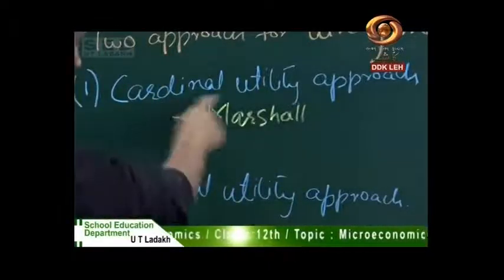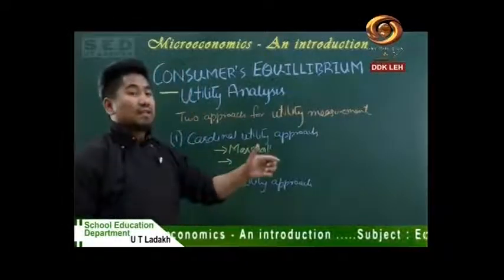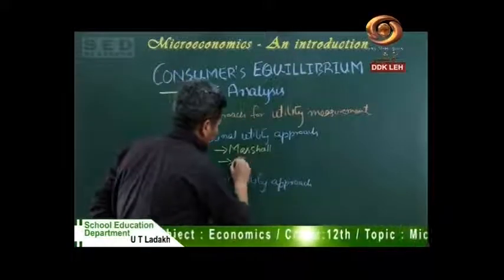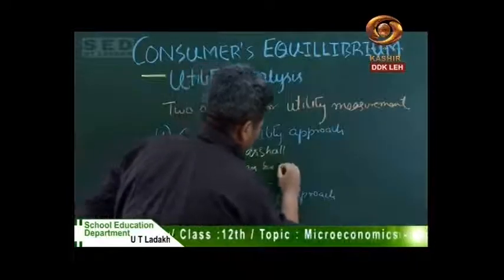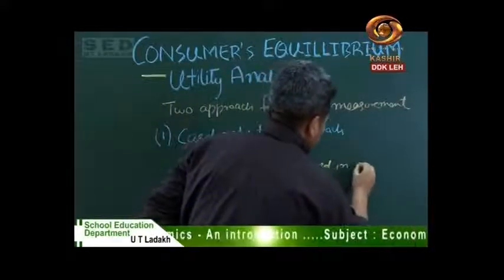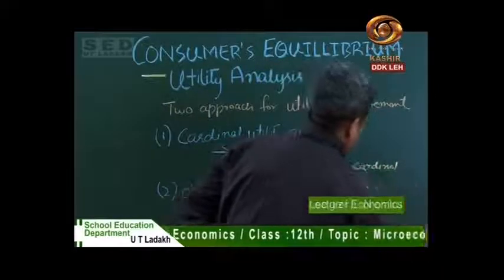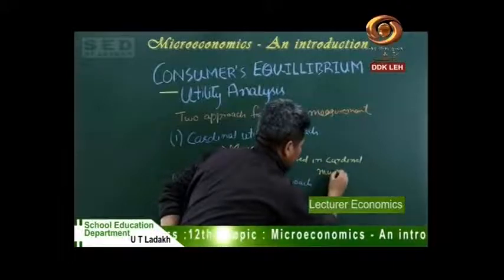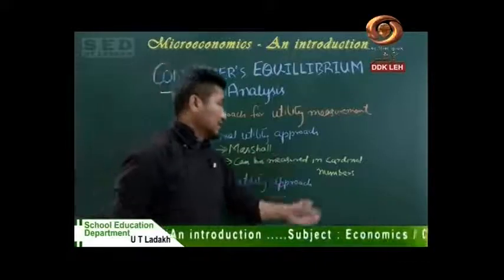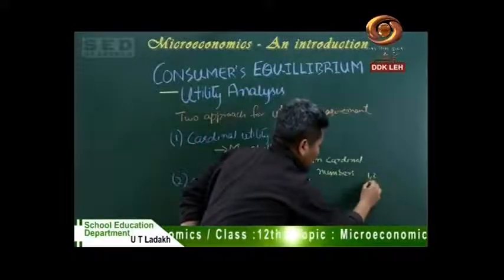According to this approach, he says that satisfaction can be measured in cardinal numbers. It means it can be measured in exact numbers like 1, 2, 3 and so on.